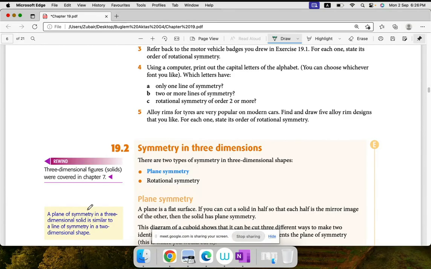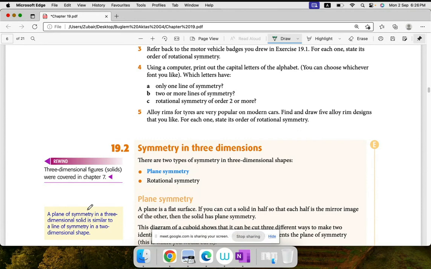Name any letters which have only one line of symmetry. I'll start. Capital A has one line of symmetry, which is vertical. What else do you think has one line of symmetry? Y has one, yes.